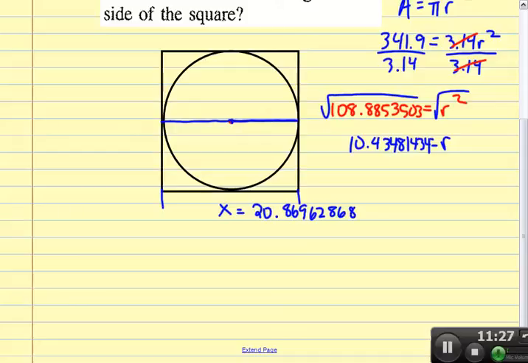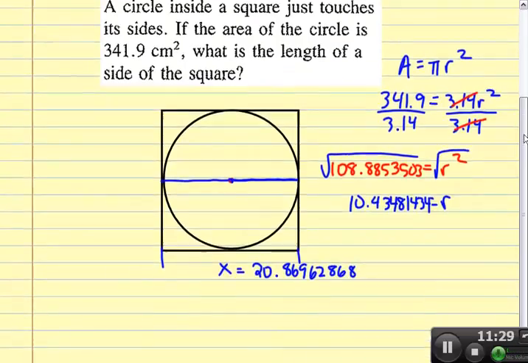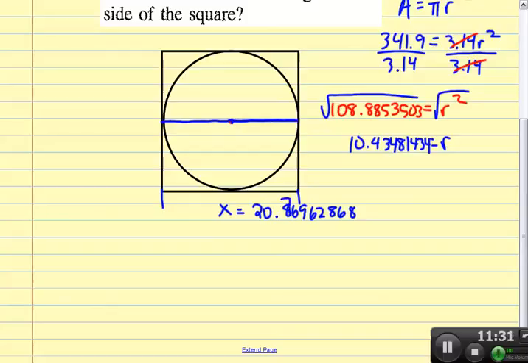And it said round to the nearest tenth. So I'm going to put my gate around that, and I'm going to get that X is equal to 20.9 centimeters. That's some nice looking math. Looks like we know something.